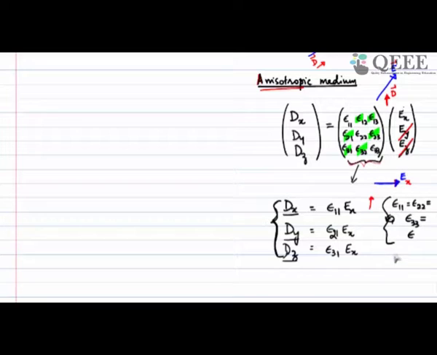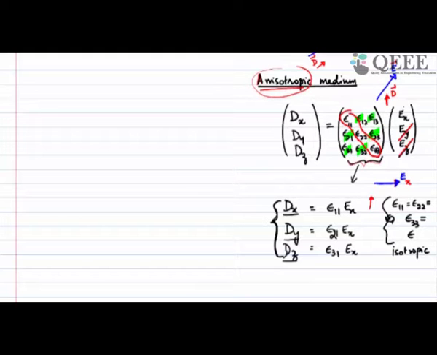If this is followed, then it is isotropic, because all these components are 0 and only the diagonal elements survive, and all those diagonal elements are equal to each other. That is the isotropic material, which is why I said isotropy is only a specific class of anisotropic material.